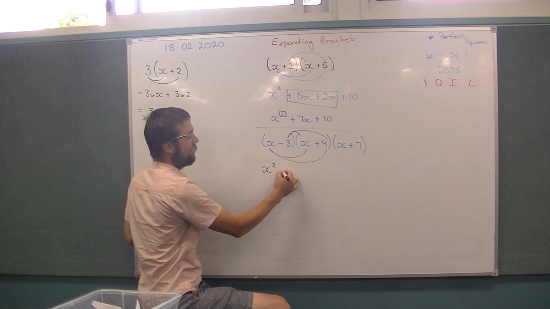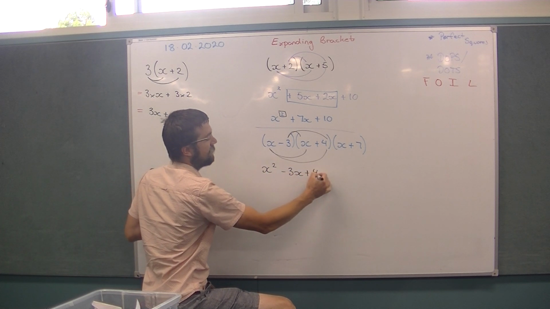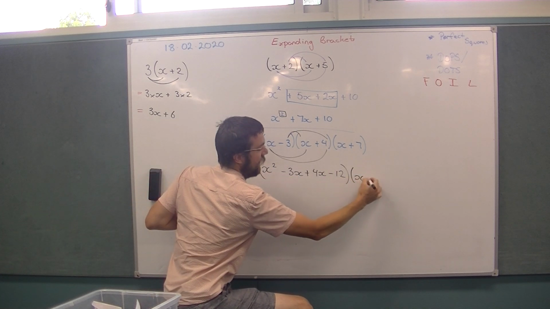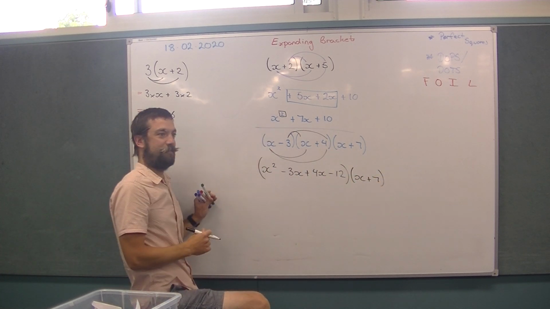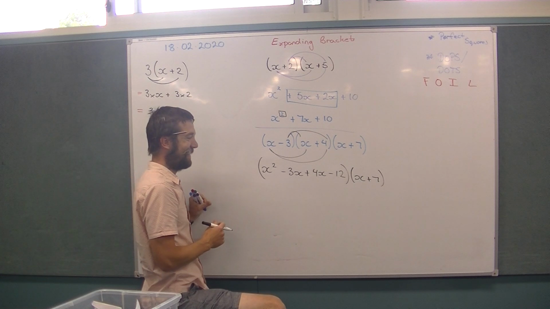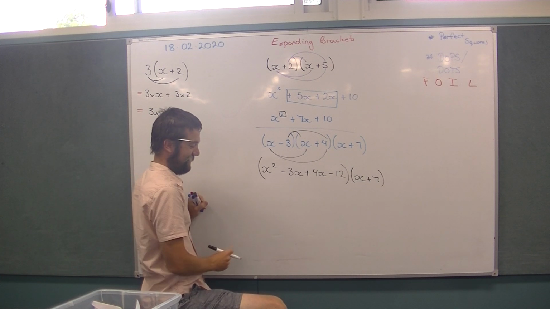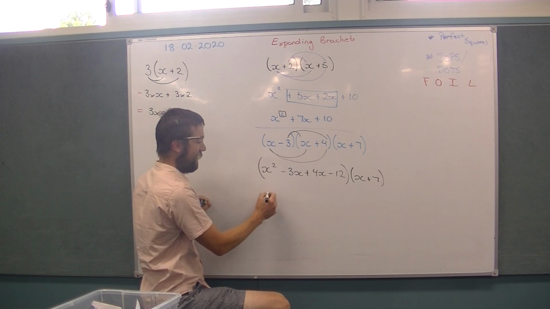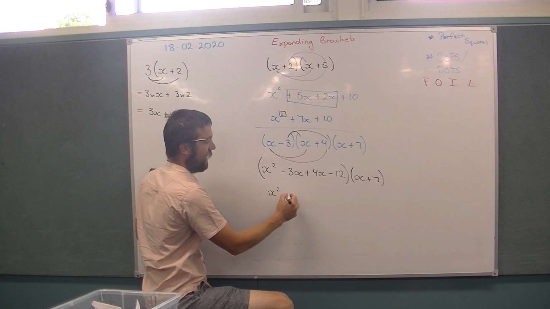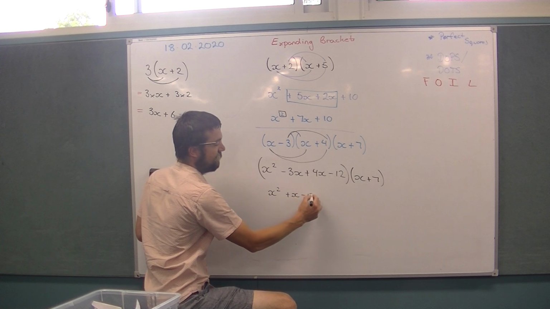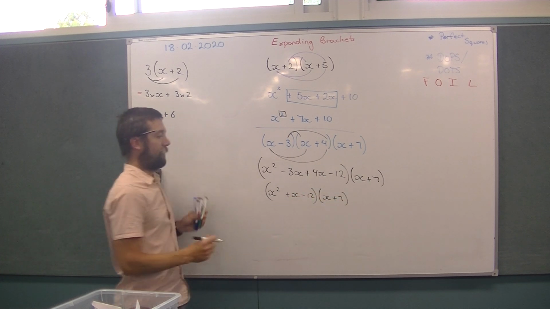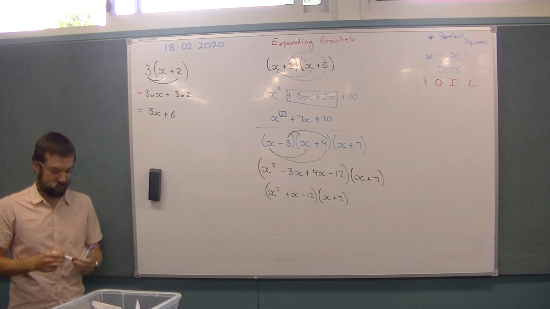And you do x squared minus 3x plus 4x minus 12. And you haven't done this bracket yet. And then you would gather your like terms and you end up with this. And then you notice something wrong.